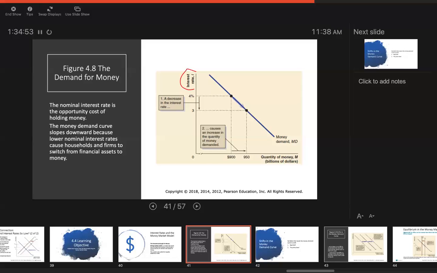It doesn't make any sense for me to park that money and not use it during that period of time. Okay. So the money demand curve slopes downward because lower nominal interest rates cause households and firms to switch from financial assets to money, because money is the most liquid. There's a liquidity preference in the economy.